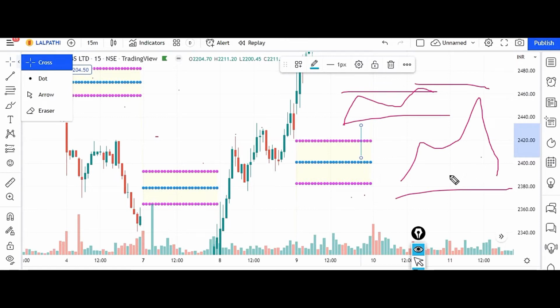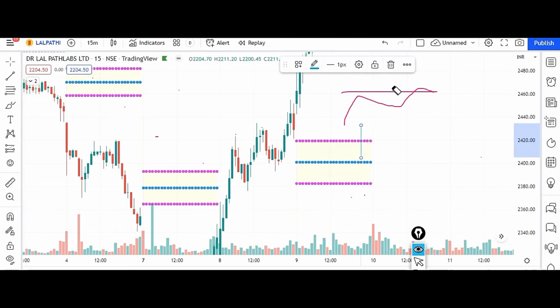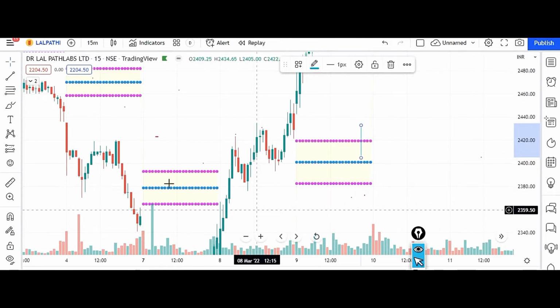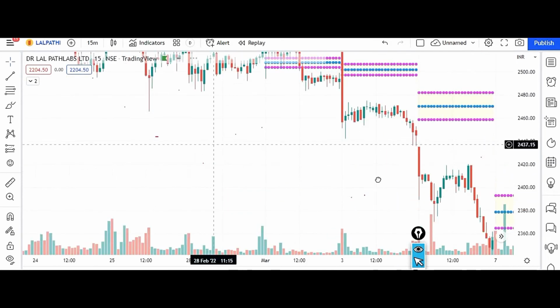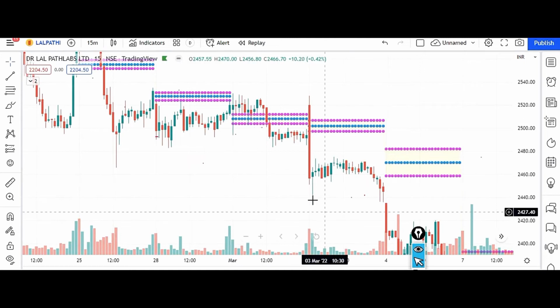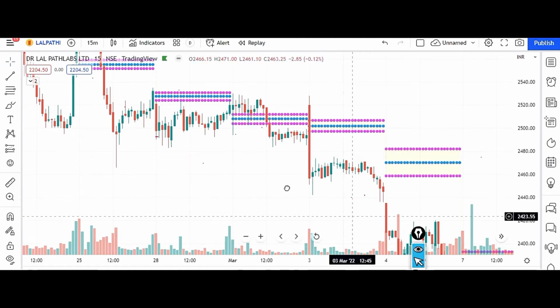Okay, let's look at whatever the wide CPRs happened here. Let's observe the price action, how the price behaved with respect to the wide CPR on Dr. Lal Path Labs. Okay, this is March 1st, March 2nd.